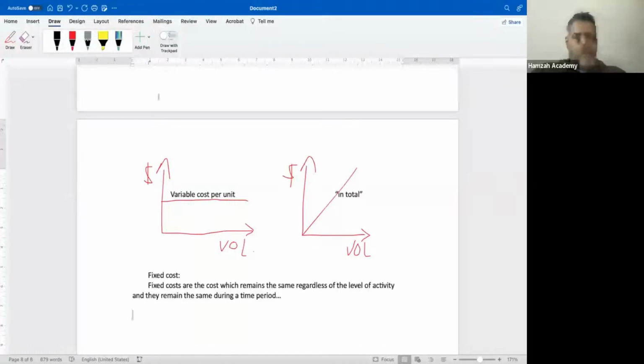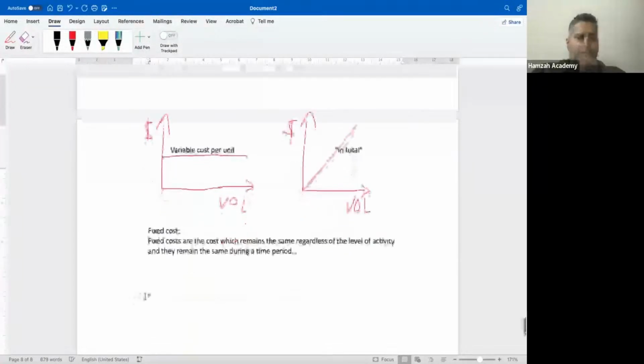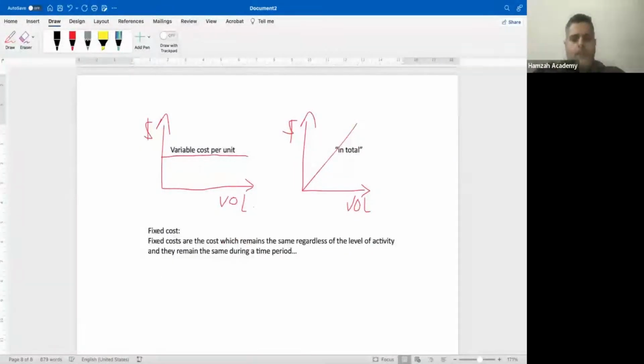So that is called the fixed cost. And if we talk more over here, the fixed cost is also called period cost. So we call the fixed cost the period cost as well.